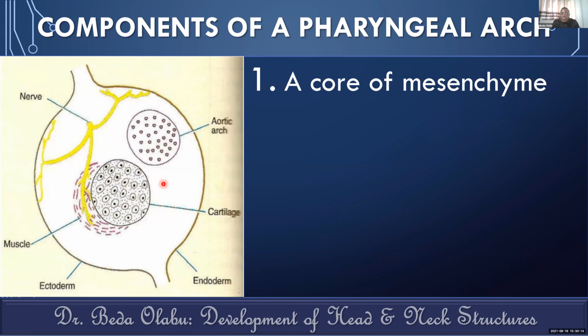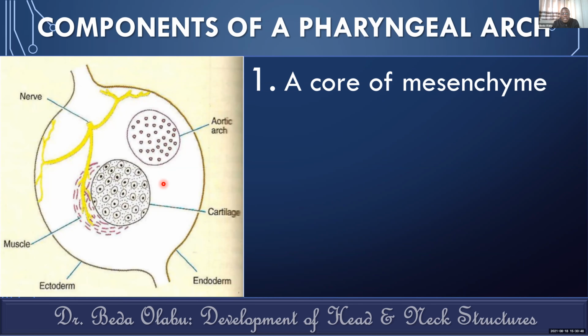The mesenchyme within the core of a pharyngeal arch can either have come from the intraembryonic mesoderm, but this mesenchyme also may have come from neural crest cells. So this core of mesenchyme has those dual sources, neural crest cells as well as intraembryonic mesoderm.